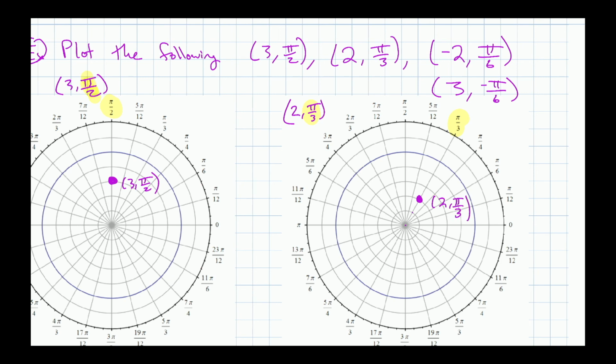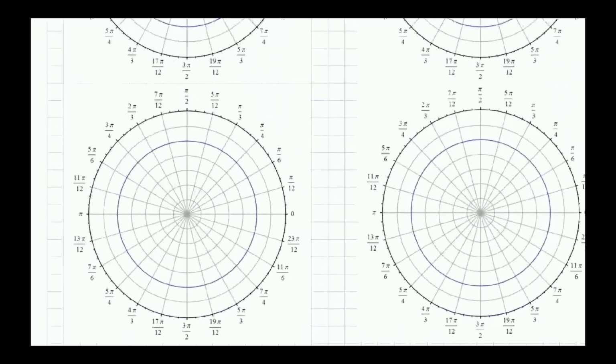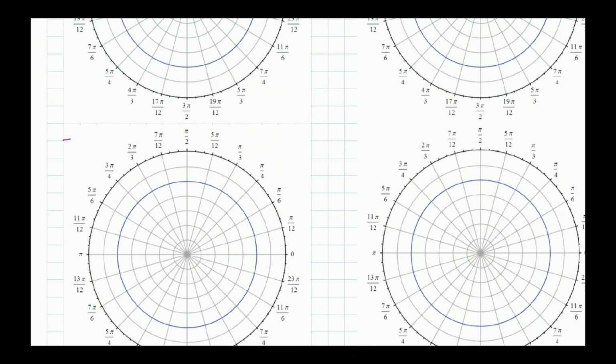Then we've got negative 2 comma pi over 6 as our next one. All right, so we find pi over 6. Pi over 6 is right here. And now we've got something a little bit unusual. We have that negative 2.